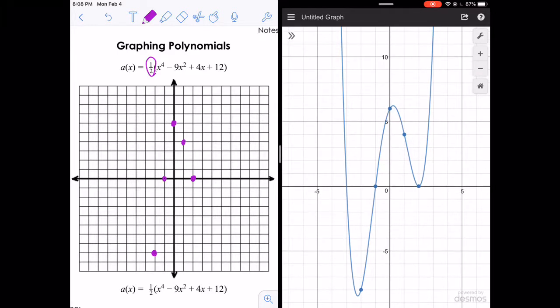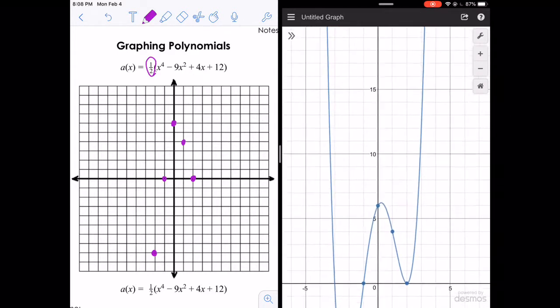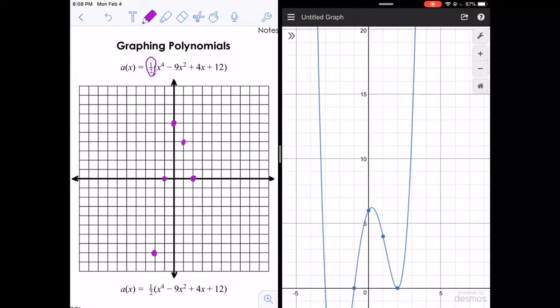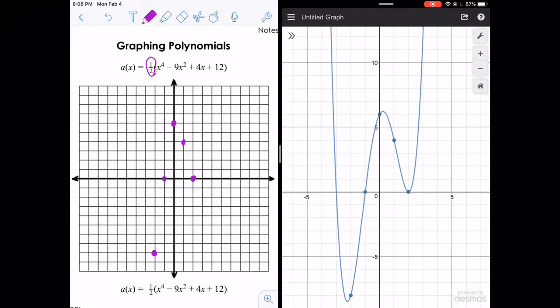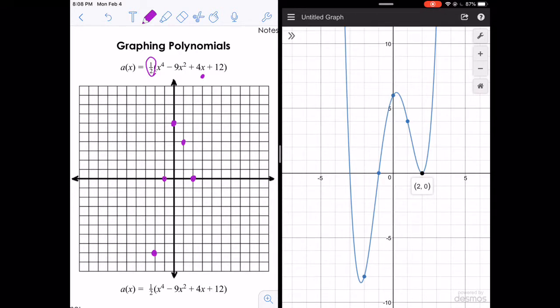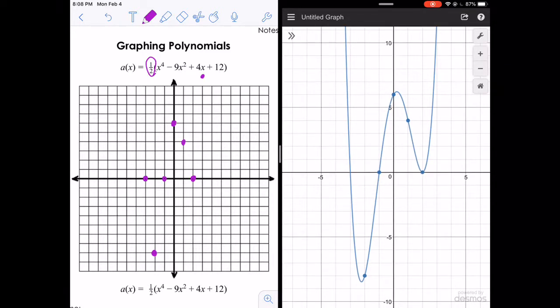I can see up here there aren't really any more points, it just goes off the graph, so I put a point up here. And the same thing on this side. That's -3, 0, and then it just goes off the graph. So I can see that it goes like this.